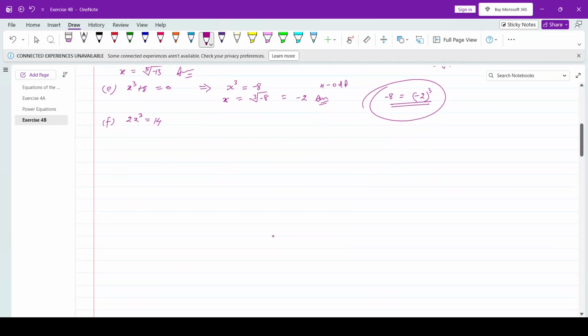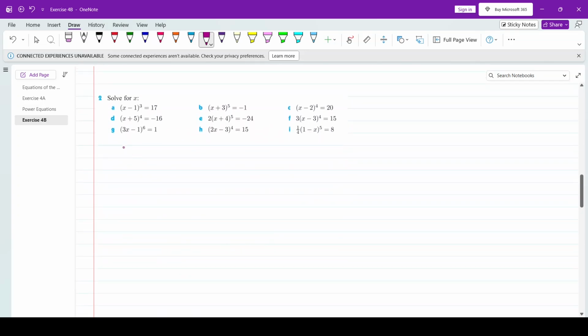Let's go to the next question. Solve for x. So x minus 1 raised to the power 3 is equal to 17. Now let x minus 1 be equal to y. So y cube is equal to 17.